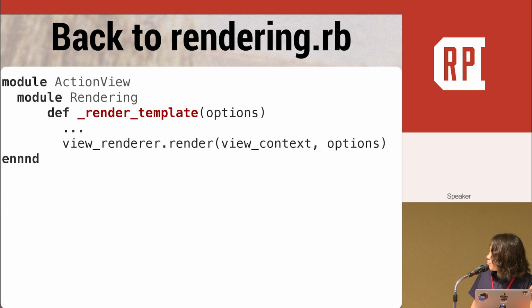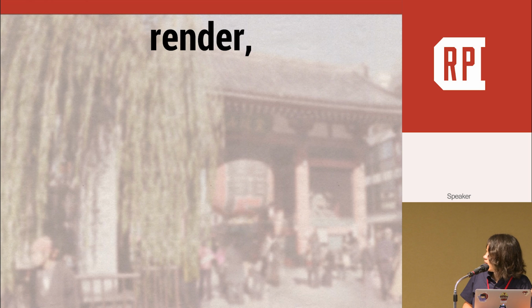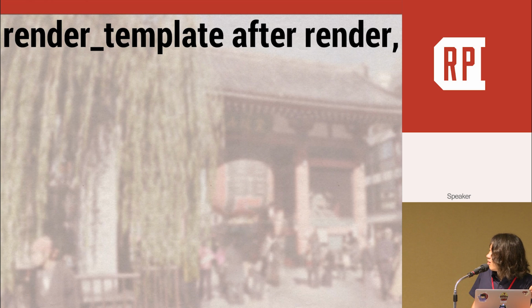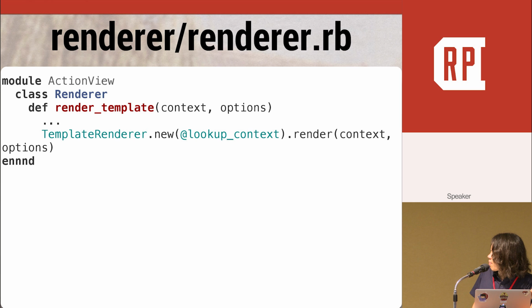So back to rendering.rb. View renderer dot render with view context. The render method calls render template inside. The render template after render calls renderer.new.another render.